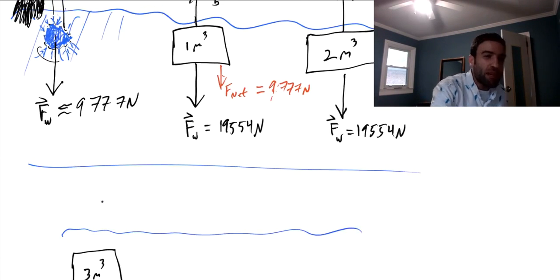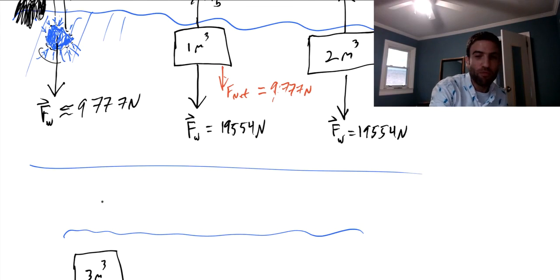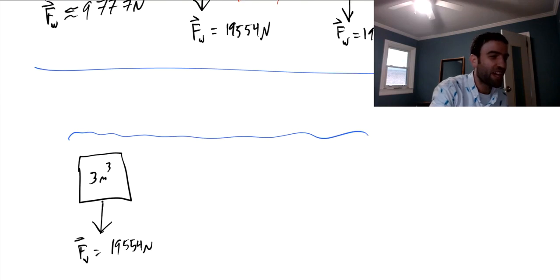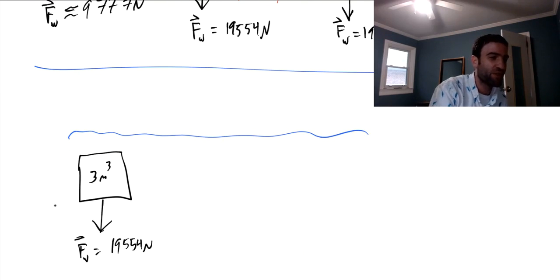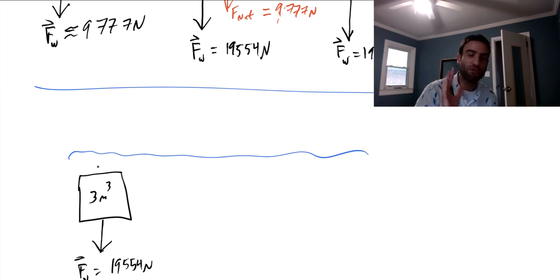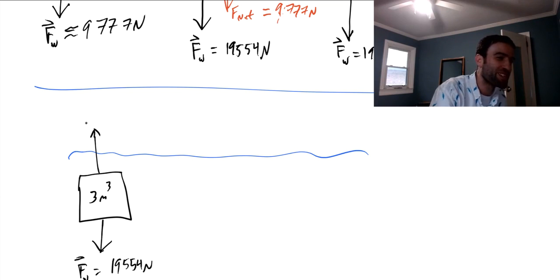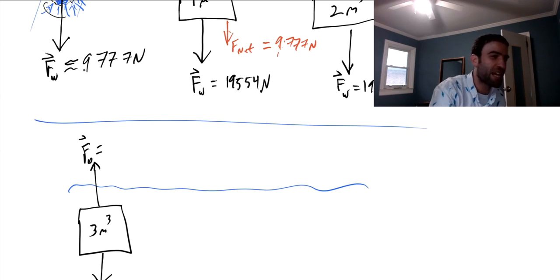Well, by the same chain of reasoning, I could say the buoyant force on this must be the same force that would balance out 3 cubic meters if it was water. So the buoyant force here, F buoyant, must be 3 times this number. So that's like 29,331 newtons.